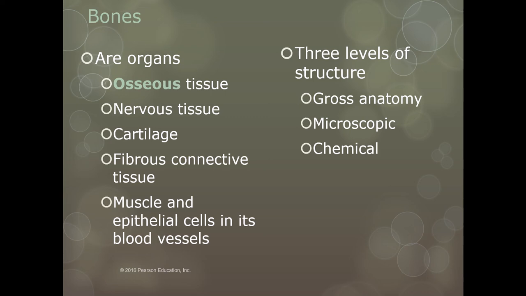We store minerals in our skeleton, particularly calcium and phosphorus. We also store some growth factors that help us develop properly. Our bones also do something super important for our body that almost nobody ever thinks of. It's called hematopoiesis.